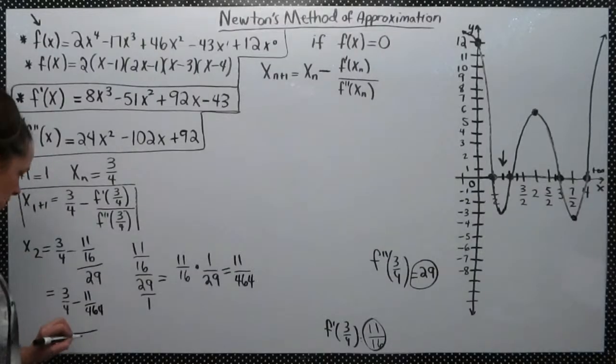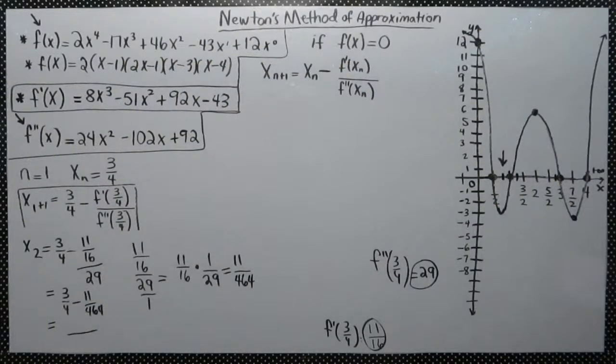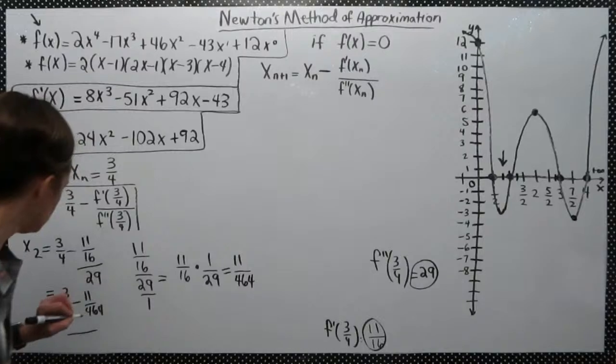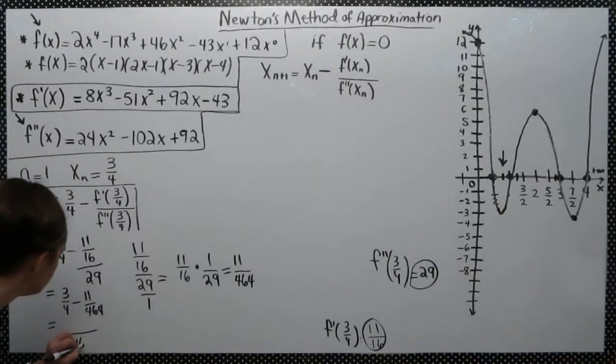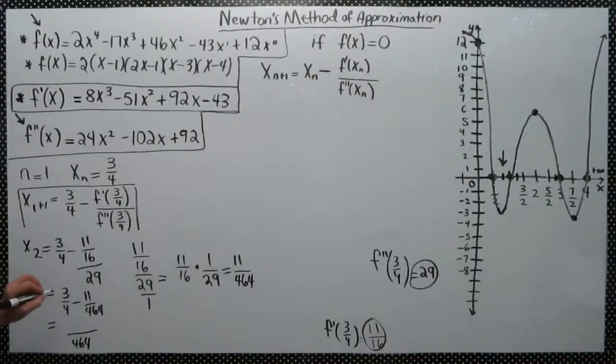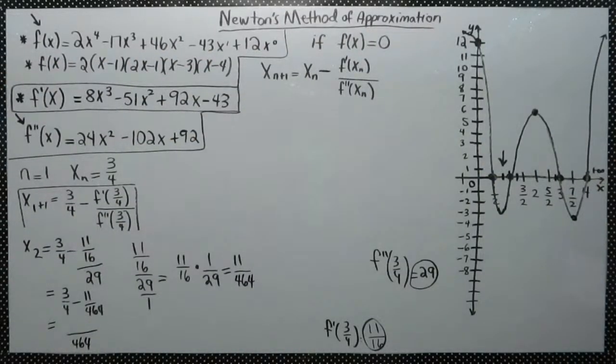Get a common denominator. See, does 4 divide that? Okay, that's 116. So 464 will be our common denominator, and it's 4 times 116.